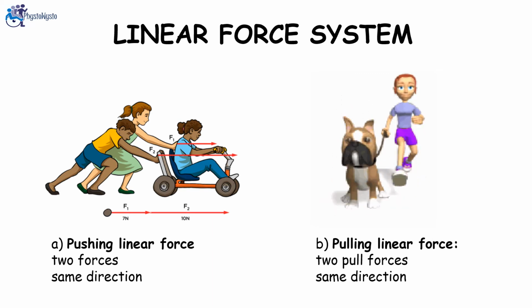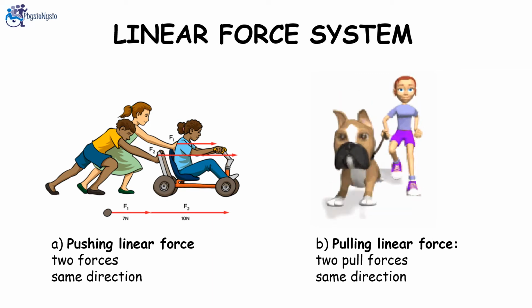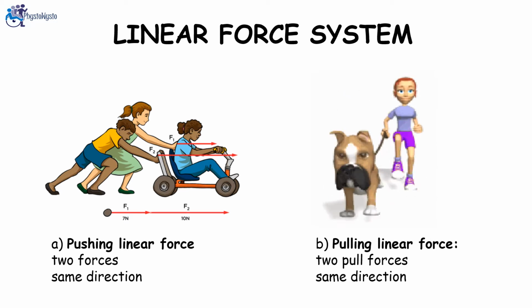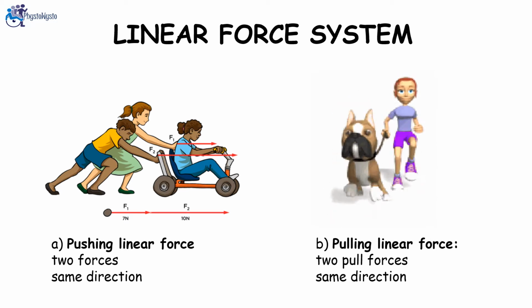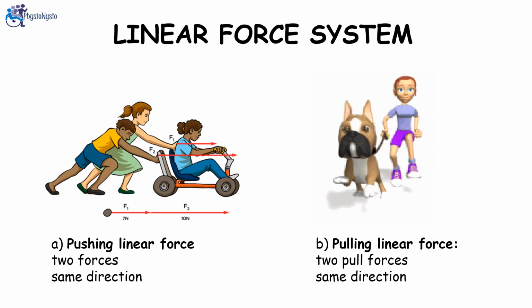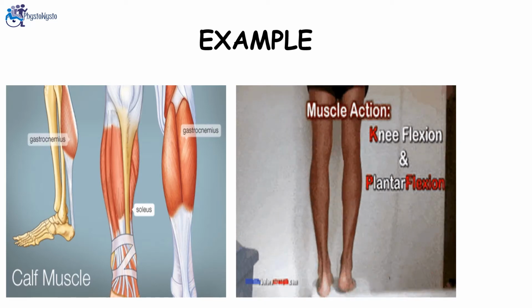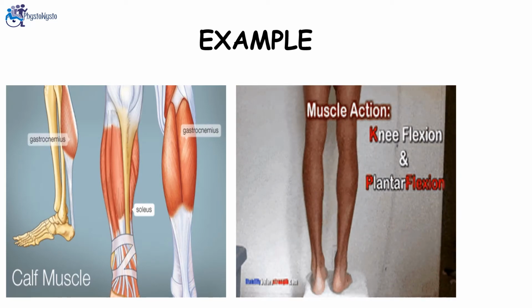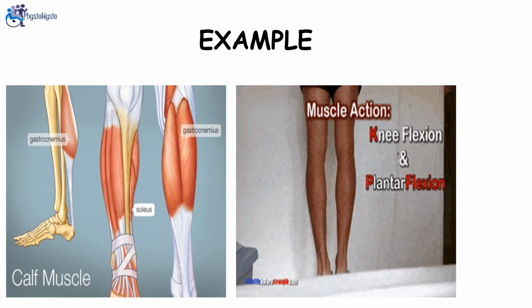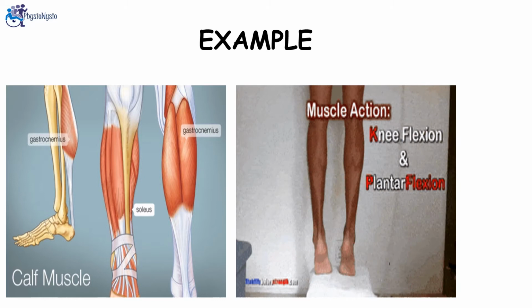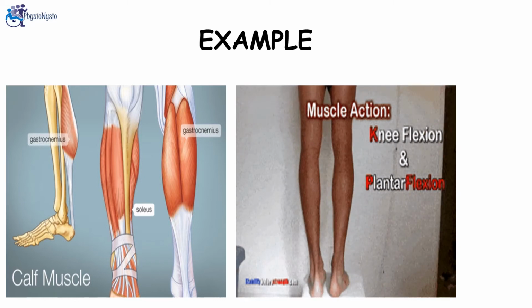You know, much of the physical therapist's work involves the application of forces, either to oppose them, to equate them, or to enhance the forces of muscle action and the effect of gravity upon them. Examples of linear forces are rare in the human body, but here is an example where two or more forces are acting at the same point and in the same direction at the ankle joint.